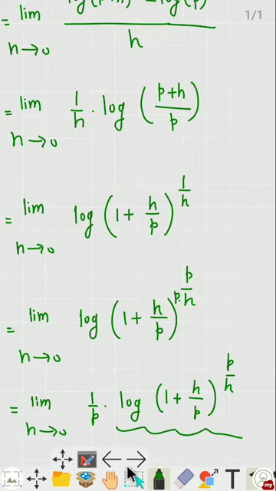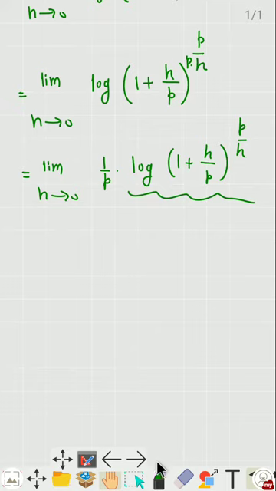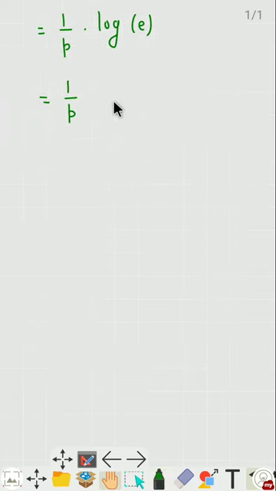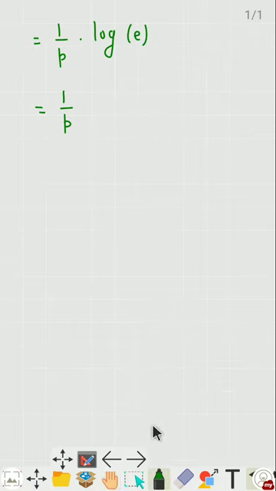The value of this limit is 1 upon p, which is constant, and the other part is nothing but log of e, so finally we have 1 upon p. So this limit exists, and it is equal to f dash of p.